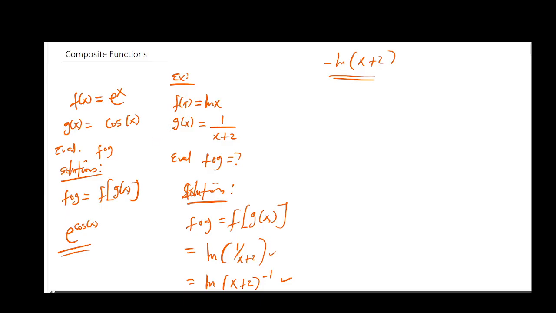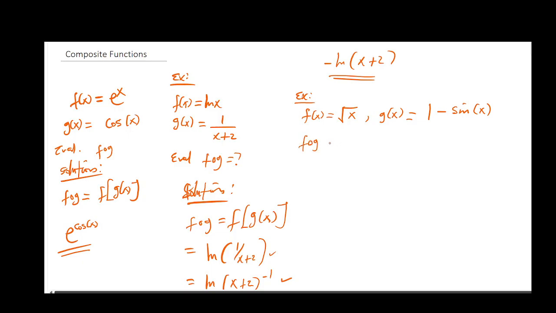Let's say that our f of x, another example, let's have our f of x equal the square root of x like we had before, and our g of x equal 1 minus sine x. Now, evaluating f of g.